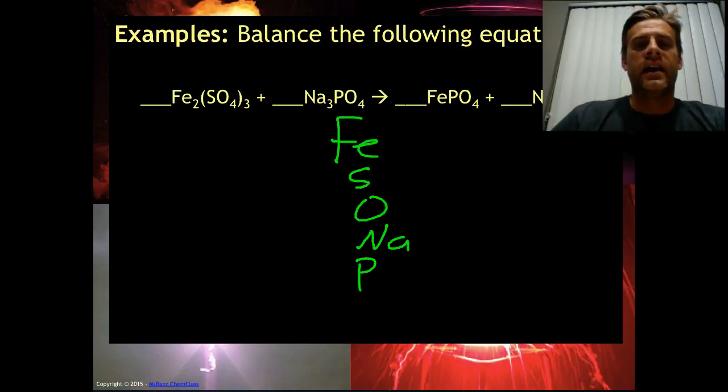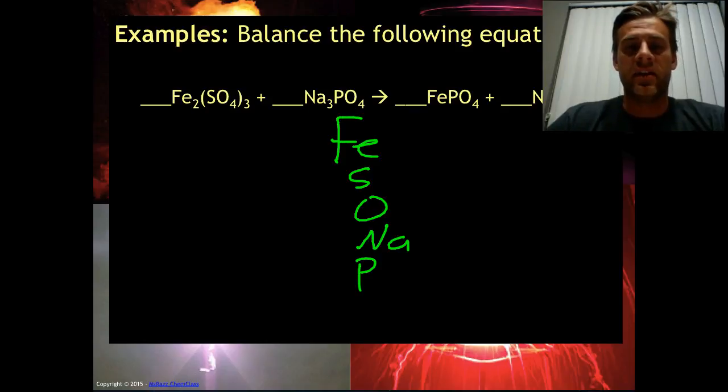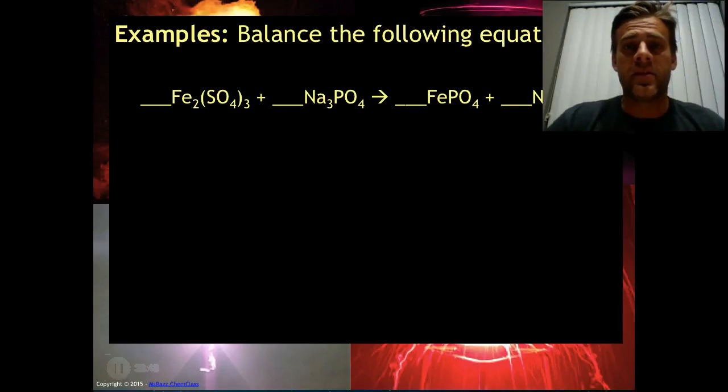And it would get pretty complex, because look at oxygen, it shows up in a multitude of places. You have 12 here, 4 here, so you already have 16 on the left side. So you have a bunch that you have to consider. The nice thing is you don't need to do that. You can keep your polyatomic ions together.